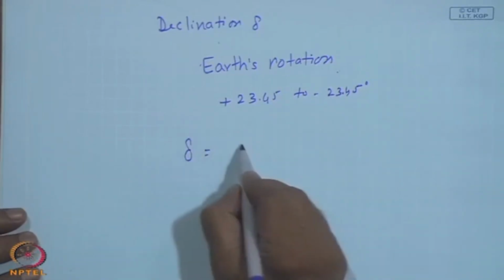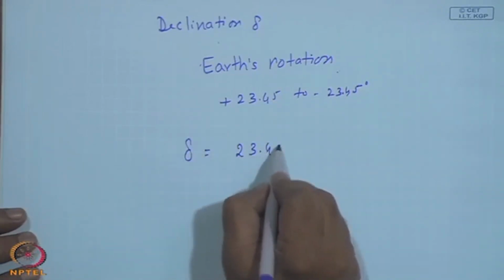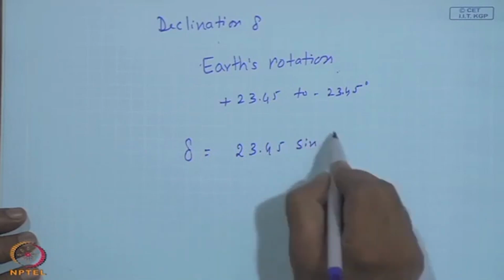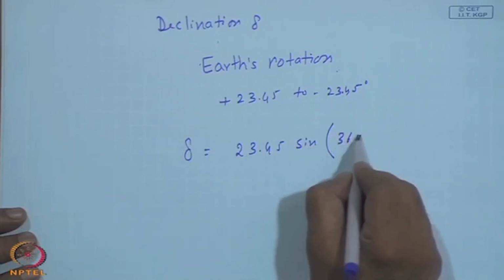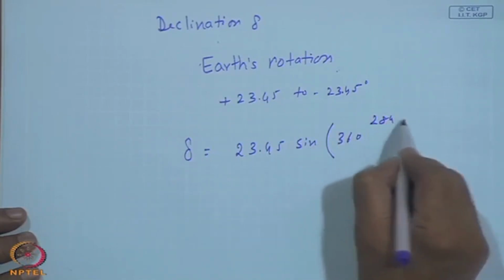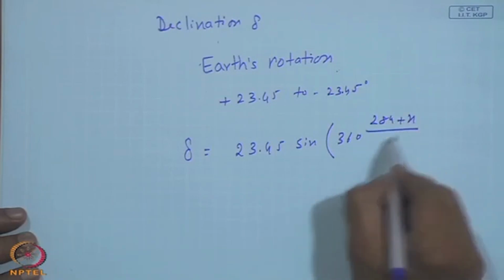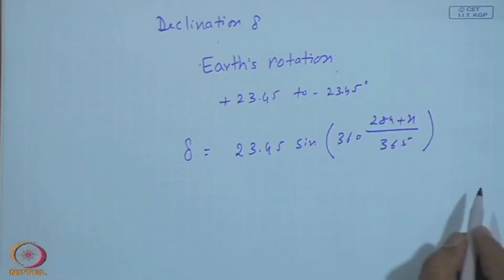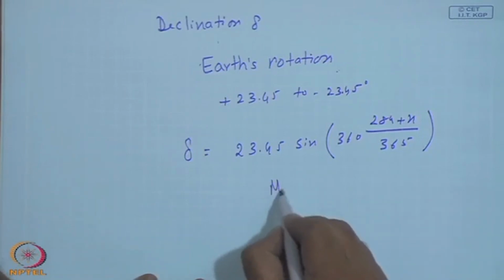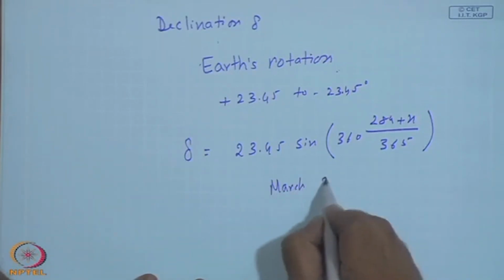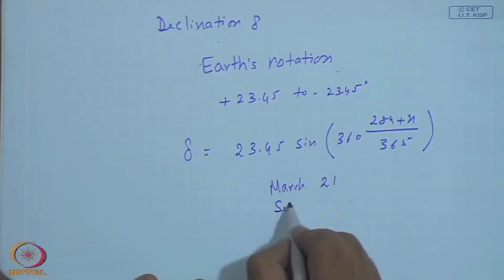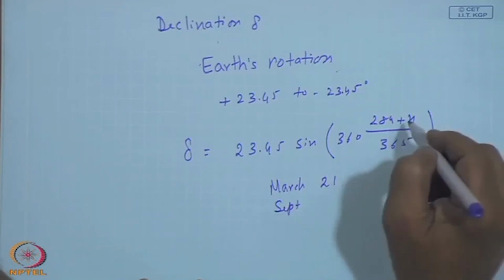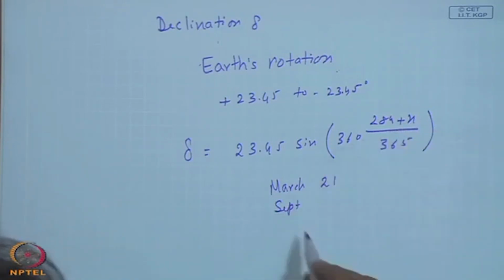Delta is 23.45 sin of 360 times (284 plus n) by 365. You can verify for March 21st and September: if you put the appropriate n, you will get delta equal to 0.